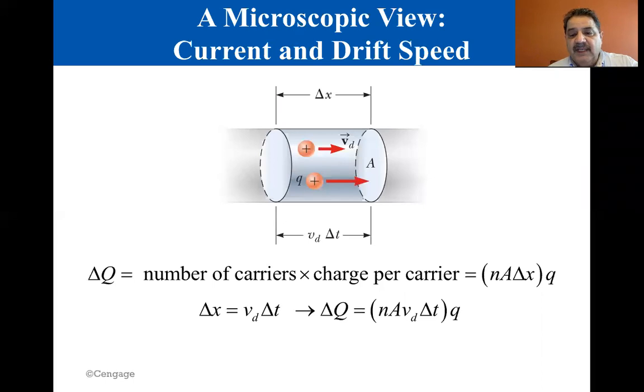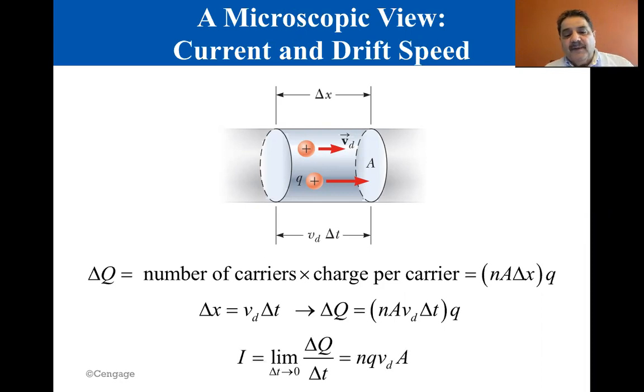Delta q equals n, that's the charge carrier density, A v_d delta t times q. Let's divide both sides by delta t and take the limit. So I is equal to the limit as delta t approaches 0 of delta q over delta t, which is equal to n q v_d A.